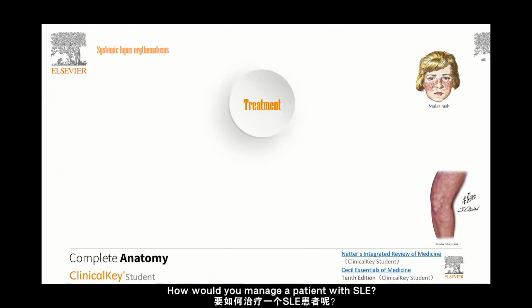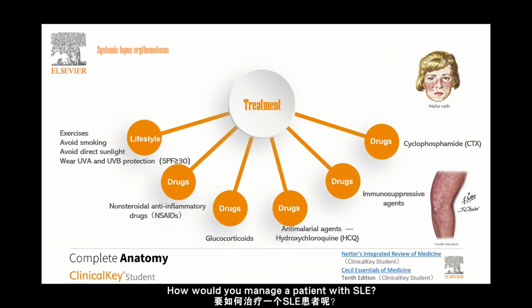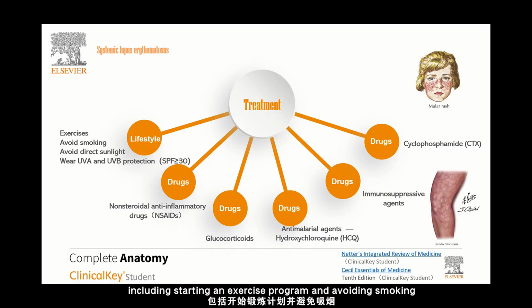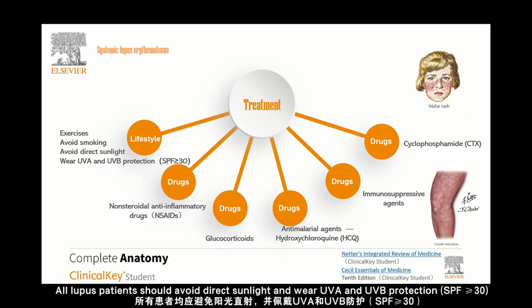How would you manage a patient with SLE? There is no known cure for SLE. Modifiable risk factors should be addressed with medicine changes and lifestyle changes, including starting an exercise program and avoiding smoking. All lupus patients should avoid direct sunlight and wear UVA and UVB protection.